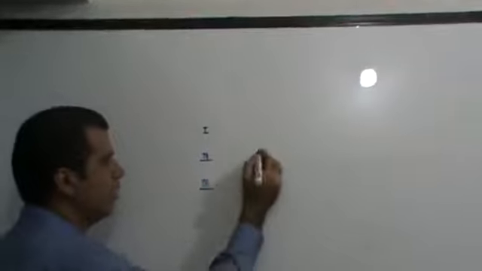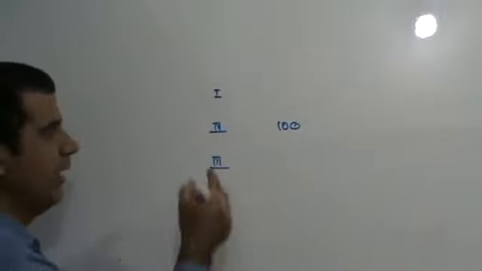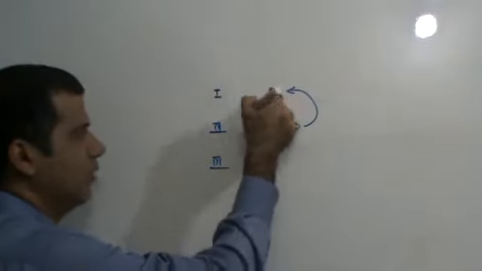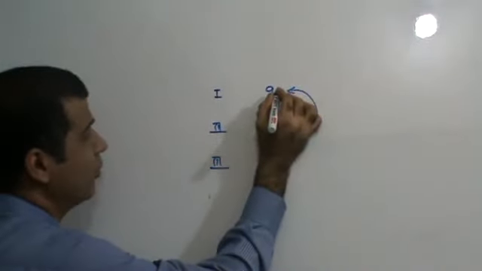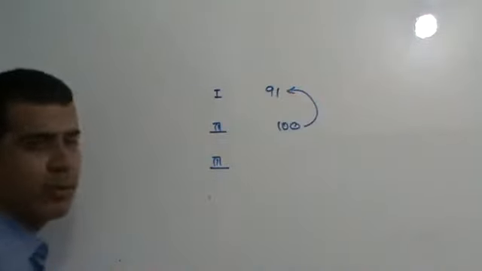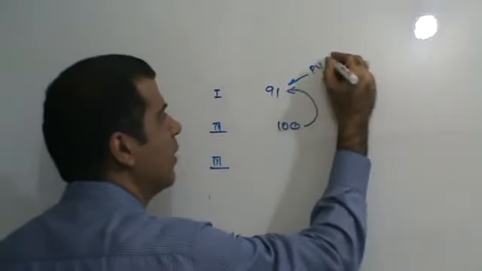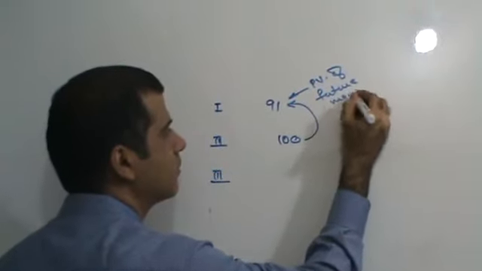If I want to buy a product for 100 rupees after 1 year, money must have depreciated, which means its value today should be less. Let's assume today it's available for 91 rupees. Then this is called the present value of future money. That means the present value of 100 rupees after 1 year is 91 rupees.